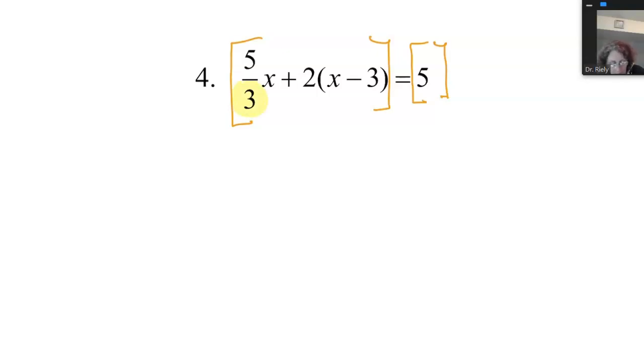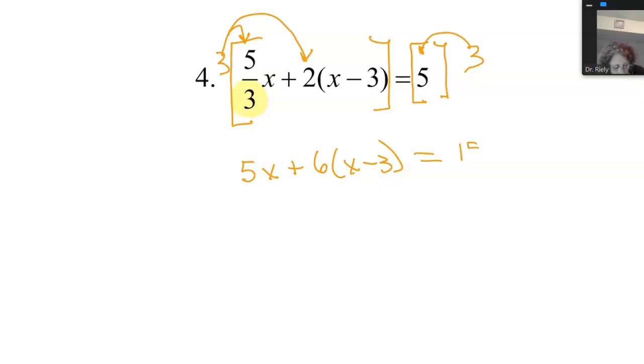To get rid of that, I'm going to multiply the left side by 3 and the right side by 3. So 3 times 5/3 gives me 5x plus, so this got multiplied here and here. So that's going to be 6 times x minus 3 equals 5 times 3 is 15.